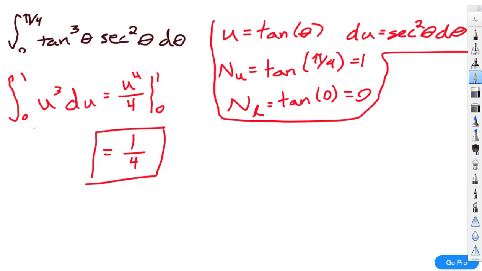So let's take a look at one last example that uses u substitution, but we're going to take a little bit of a tangent, no pun intended, and look at some more trig stuff. So let's say that we have the definite integral from negative pi to pi of cosine squared x dx.